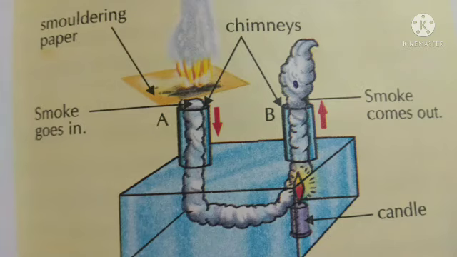So for the convection current in air, we took a rectangular box. On the top of this box we place two holes, and through those holes there are two glass tubes, which work like chimneys: glass tube A and B. Then we place the burning paper just above chimney A, so the smoke enters the box through chimney A. The smoke is emitted by chimney B because we placed a burning candle there.